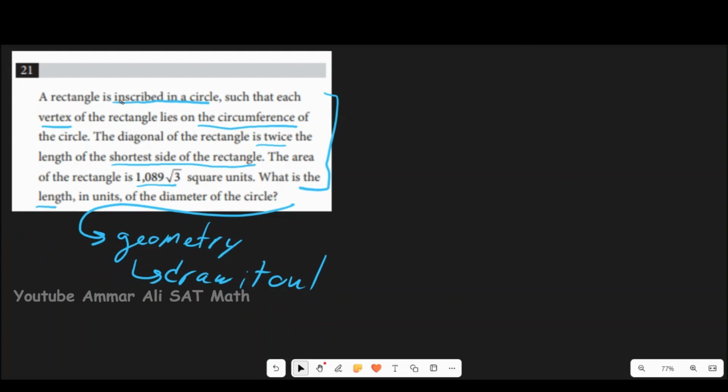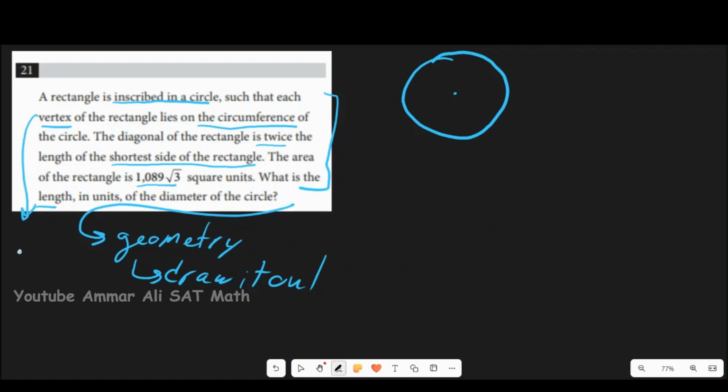A rectangle is inscribed in a circle. So that means we have some circle and that circle has a center, and then we have a rectangle within it. And how is it inscribed? It is inscribed such that each vertex of the rectangle lies on the circumference. What does vertex mean?